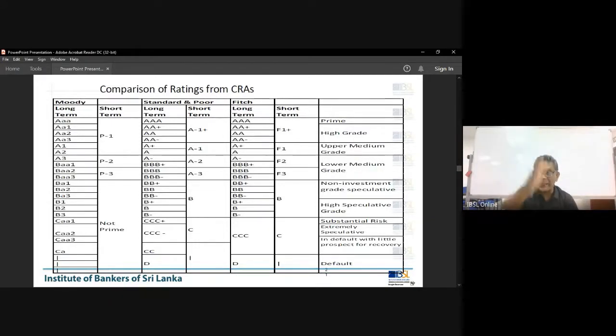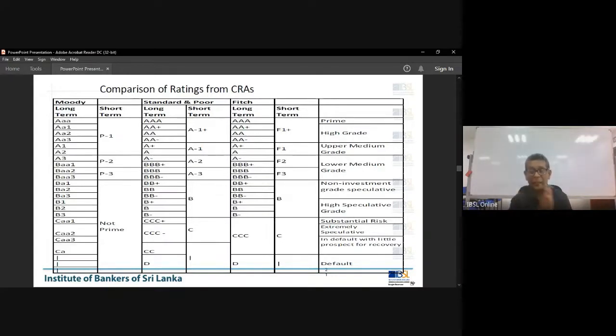According to that criteria, we are at substantial risk, extremely speculative. That means we have a problem settling the dues, but the government said we settle it. Yes, correct. At the moment we are settling.